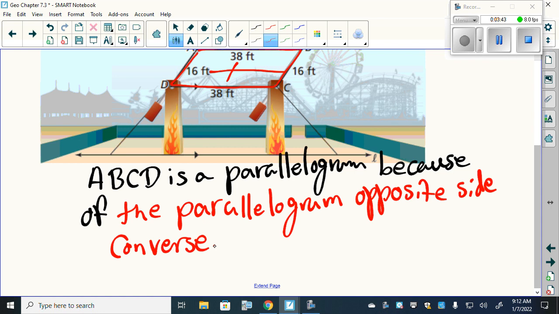Which means, thus, we can say that AB is parallel to what? DC.